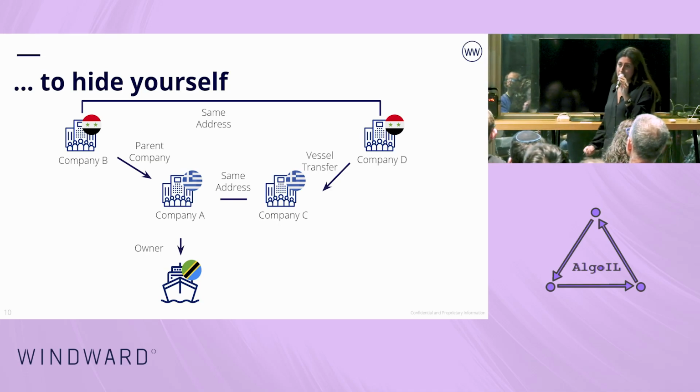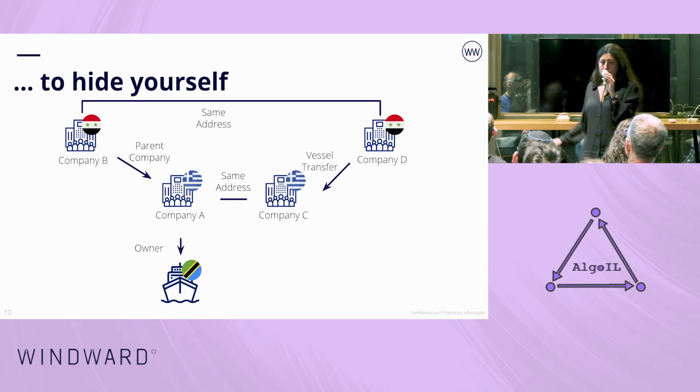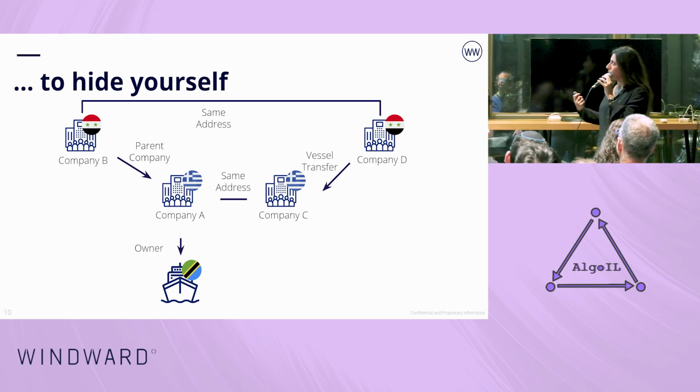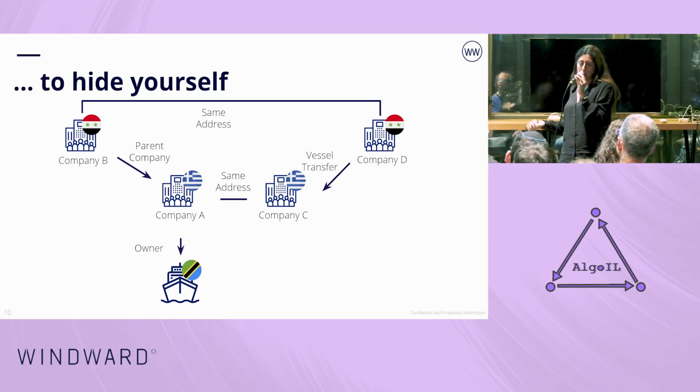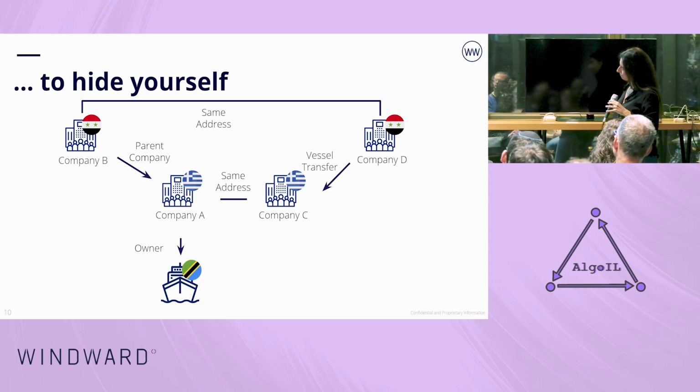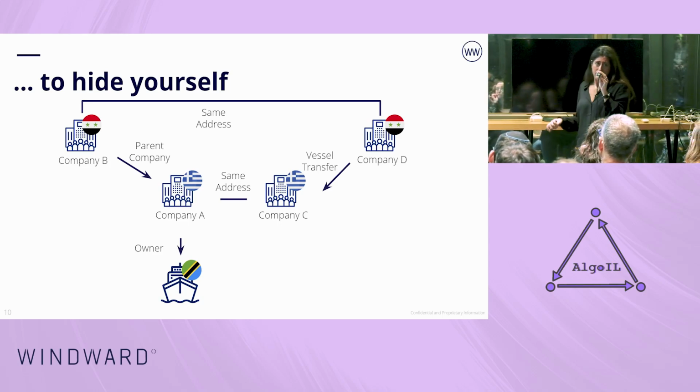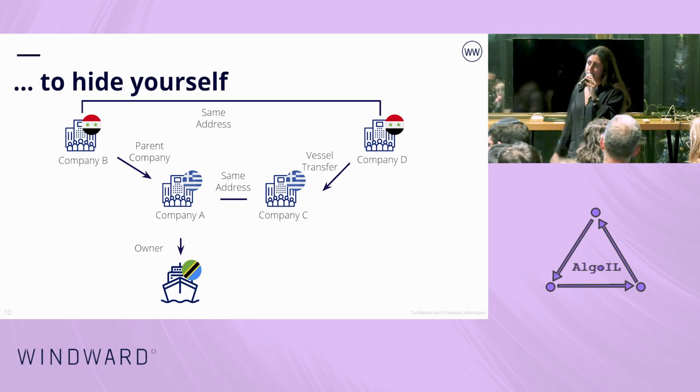Then we say that A is what we call the parent of B. Now let's copy this situation and paste it with another company. The same way, A is a parent of C. In a family, when you have two children sharing the same parents, we say that they are brothers and sisters. So these two companies are sisters as well.